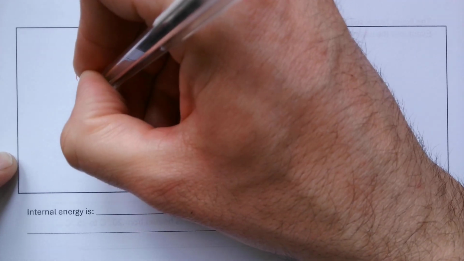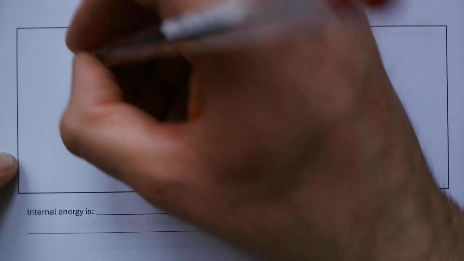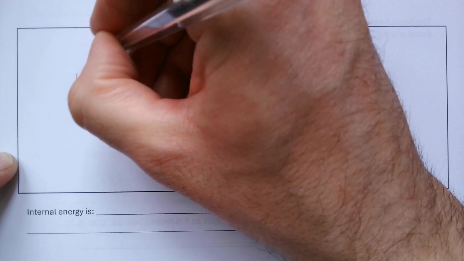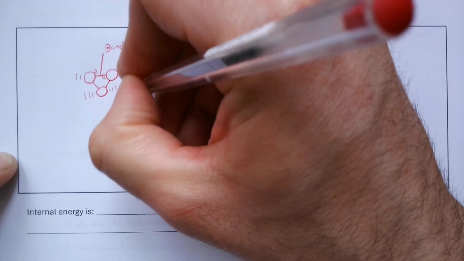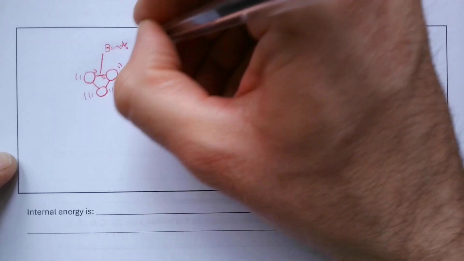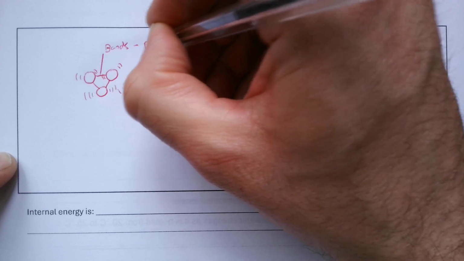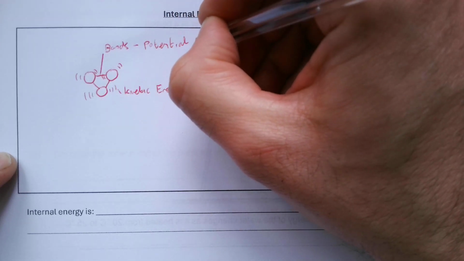But also there are bonds between each of the particles, as you can see here. So we've got bonds and we've got kinetic energy. Adding those types of energy together, or the energy due to bonds, which is the potential energy, totals the internal energy.